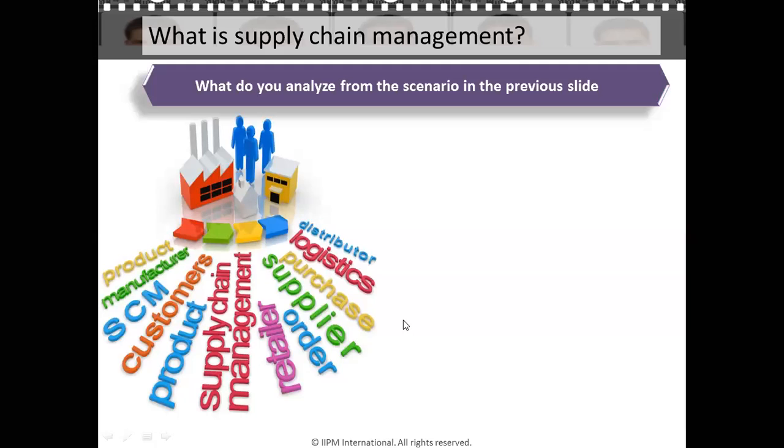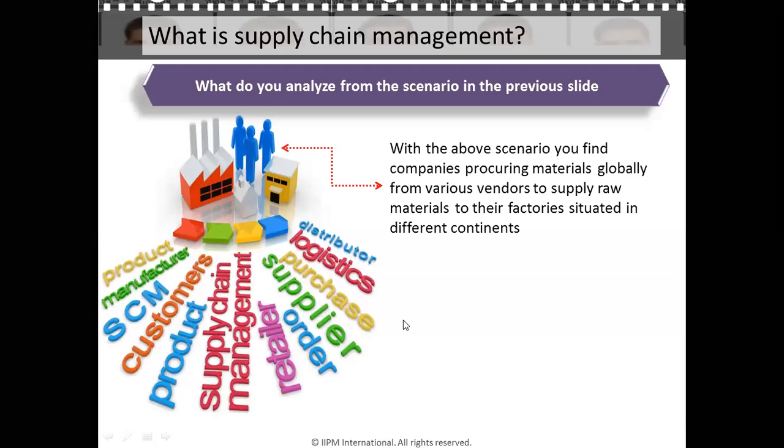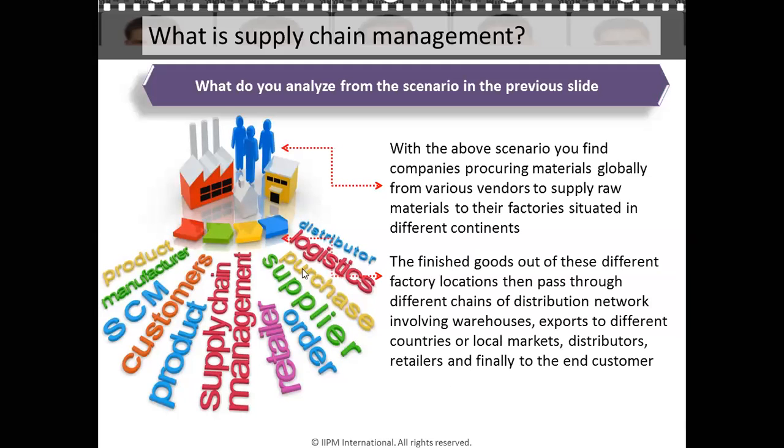So what do you analyze from the scenario in the previous slide? We have movement of goods from different locations of the world where they are most produced to where they are not most produced but actually needed. So you move them from where there's a congested market to where there's a ready market.